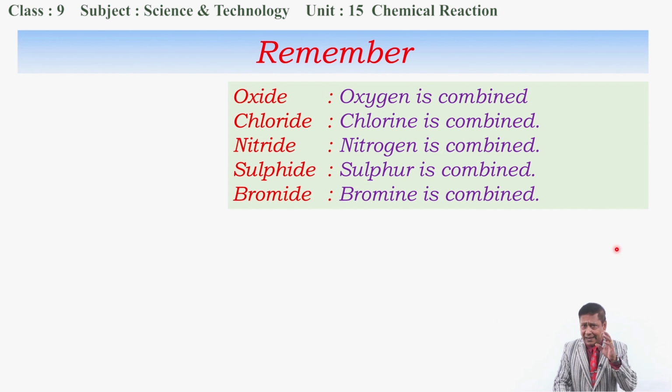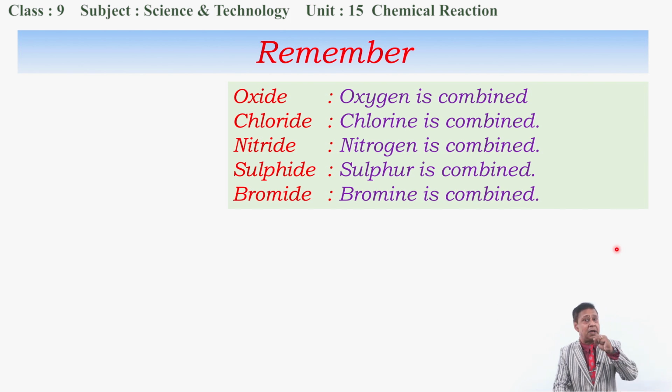If magnesium combines with oxygen, the compound is magnesium oxide. If chlorine combines with magnesium, magnesium chloride. If sulfur combines with magnesium, magnesium sulfide. This way, the ending -ide represents that a particular element is combined with another element.